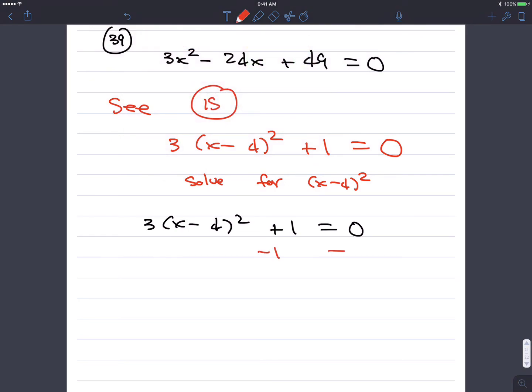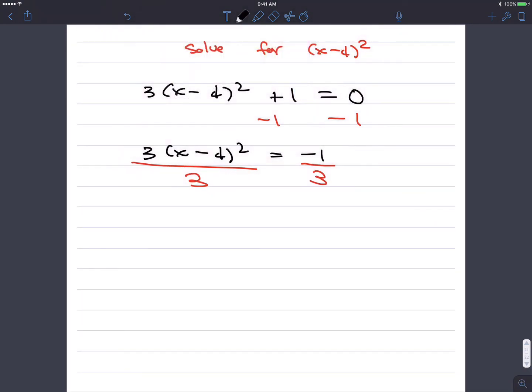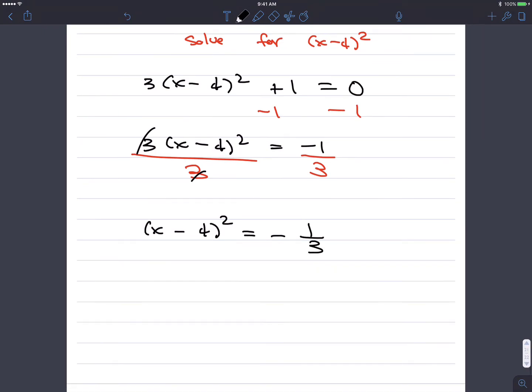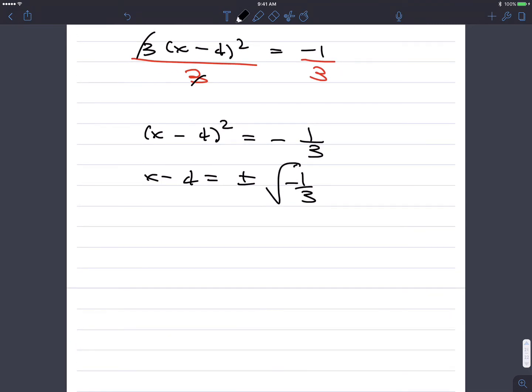We're going to subtract 1 from both sides, and you get 3 times x minus 4 squared is negative 1. Divide both sides now by 3. x minus 4 squared is negative 1/3. I get x minus 4 is plus or minus the square root of negative 1/3. Now we're going to have to simplify this.